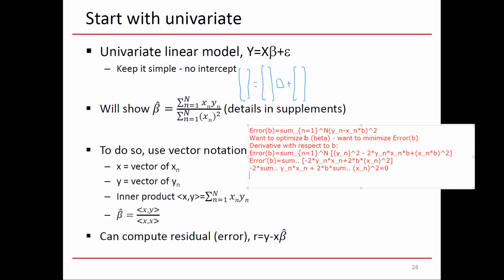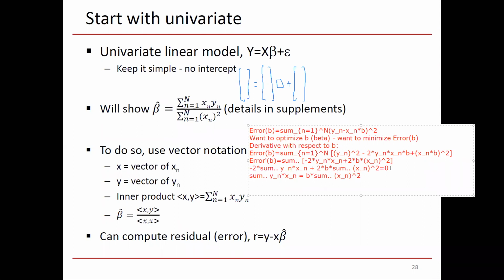Now, the 2's cancel out, and moreover, the first summation can move to the right-hand side. So we have that the summation over yn times xn is equal to b multiplied by the summation over the squared xn's.